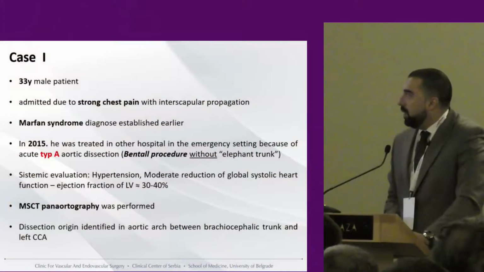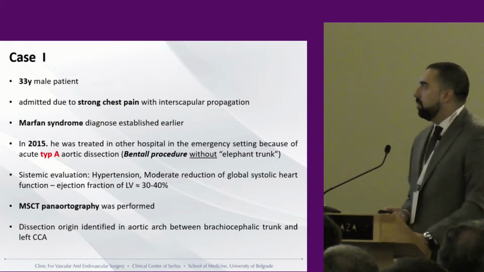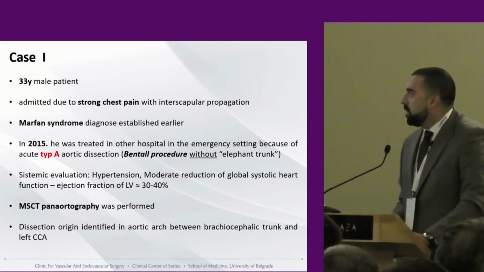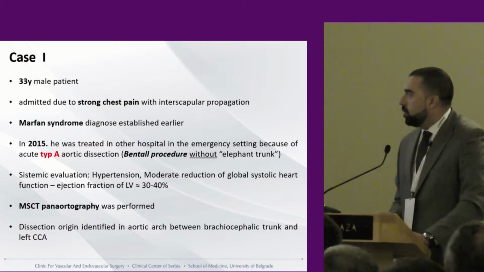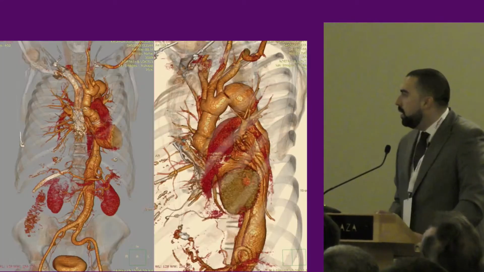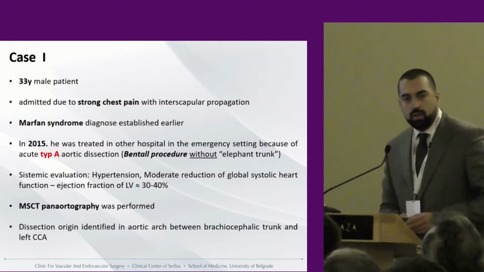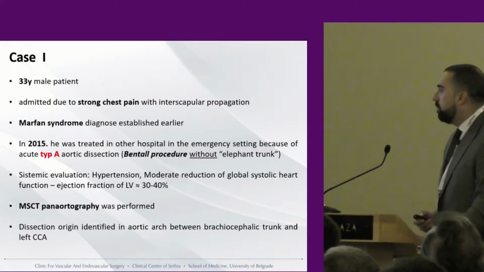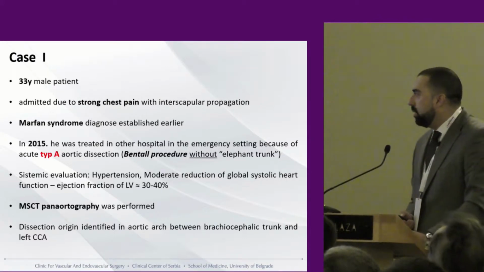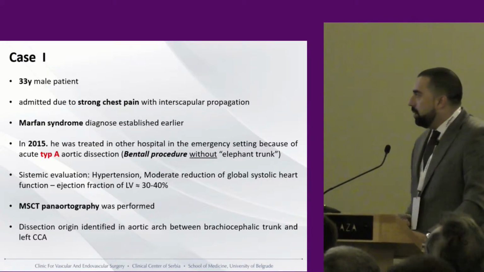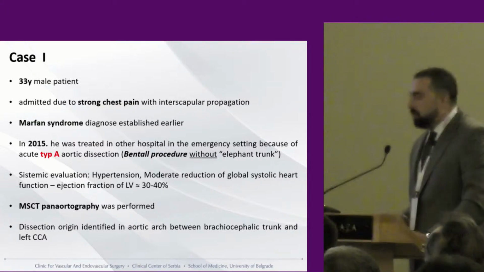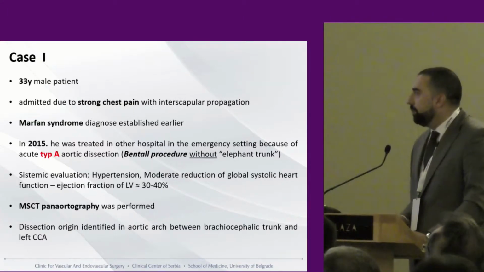This is a 33 years old male patient who was admitted with a strong chest pain with interscapular propagation and the previously diagnosed Marfan syndrome. In 2015, he was treated in another hospital in the emergency setting because of acute type A aortic dissection. At this time, the Bentall procedure without elephant trunk was done to him.